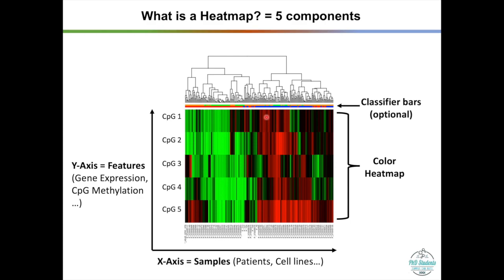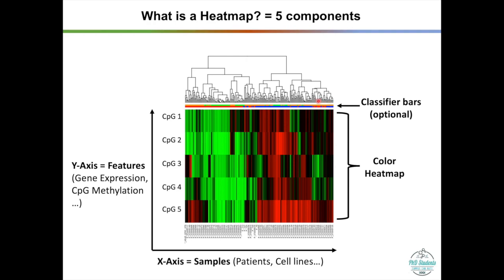The fourth component are the classifier bars. You can see here in orange, green, red, blue. This is entirely optional. If you don't want this, you don't need it. But we will do it for completing our heat map. This classifier bar classifies our data by its phenotype.